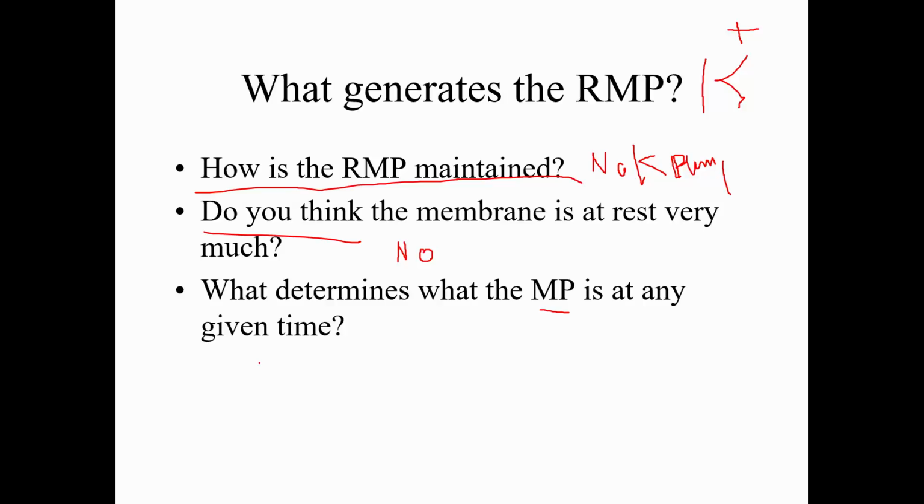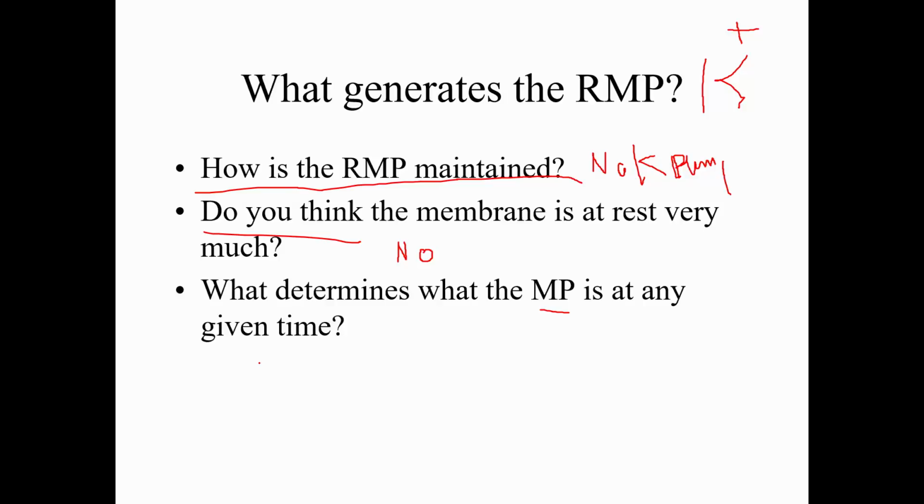So if you have a lot of potassium channels open, potassium leaks out, the membrane potential will tend to be negative. If you have a lot of sodium channels open, then sodium can come in and the membrane potential will be relatively positive.